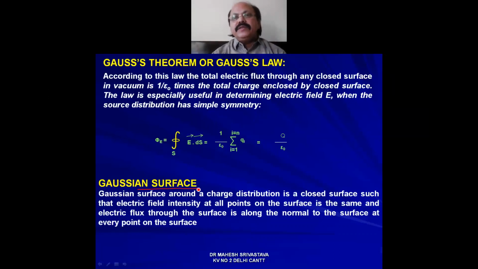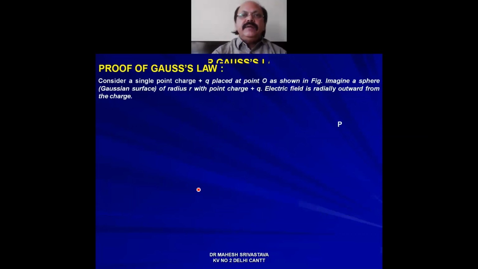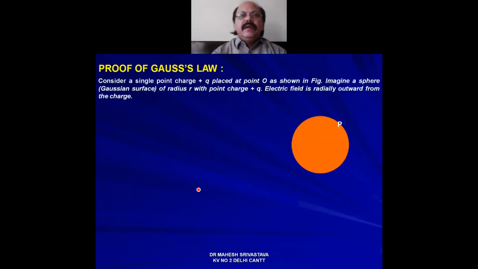Then we say that that surface is a Gaussian surface. So for deriving Gauss's theorem, we first have to consider a Gaussian surface and place the charge at its center. You see here, consider a single point charge plus q placed at the center. As you see in the diagram, here we take a spherical surface that we call a Gaussian surface.